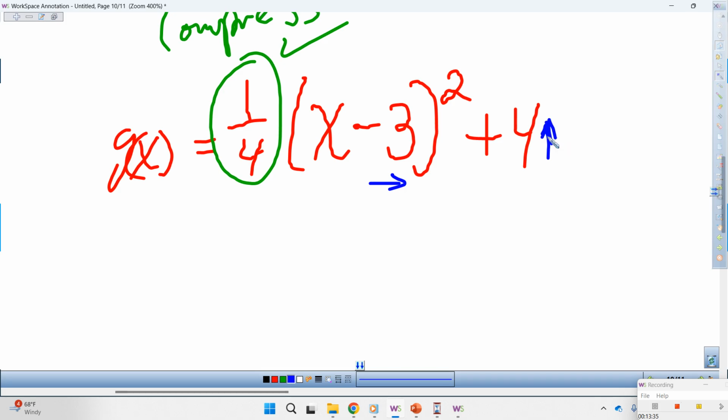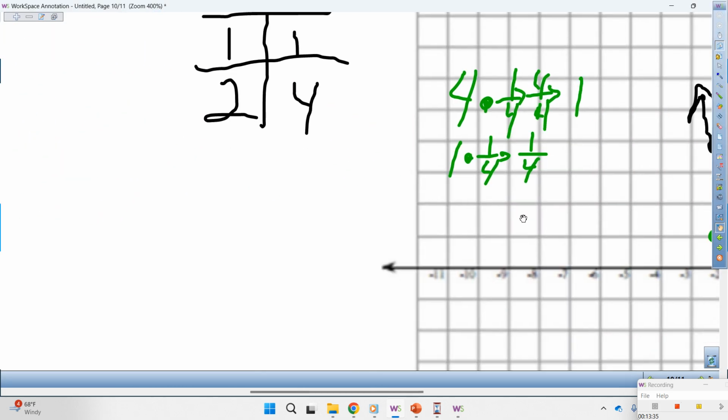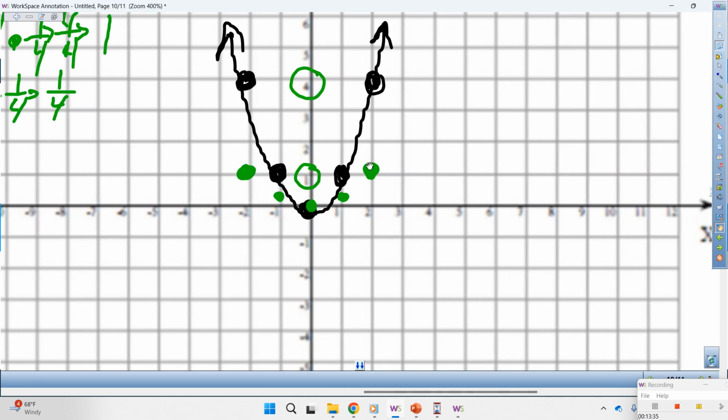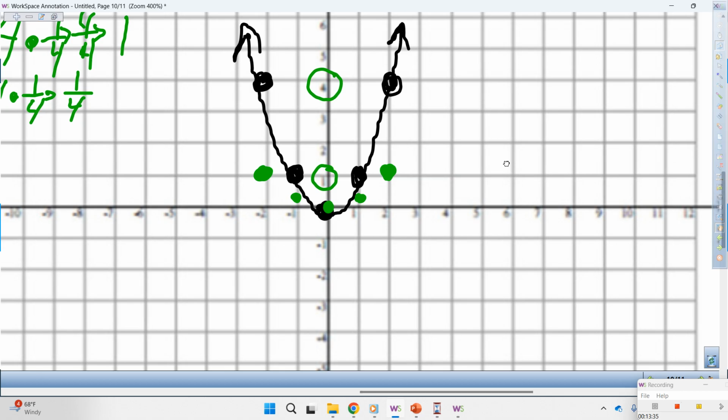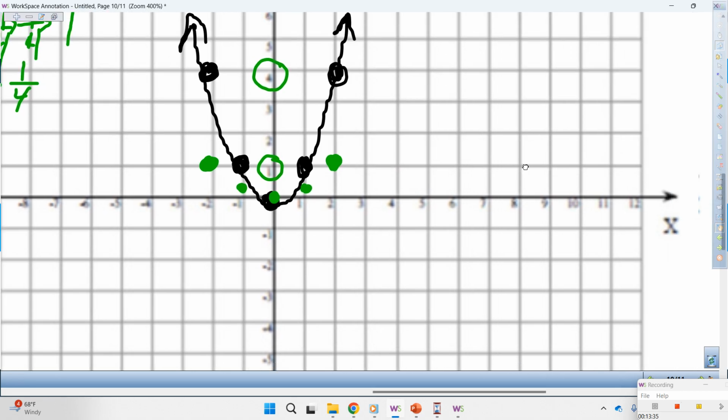Yeah, that is correct. 3 to the right, 4 up. So let me go back to my graph so you guys can see it. I'm taking the 5 green points and moving them 3 to the right, and was it 4 up? Yeah. Okay. So check this out.